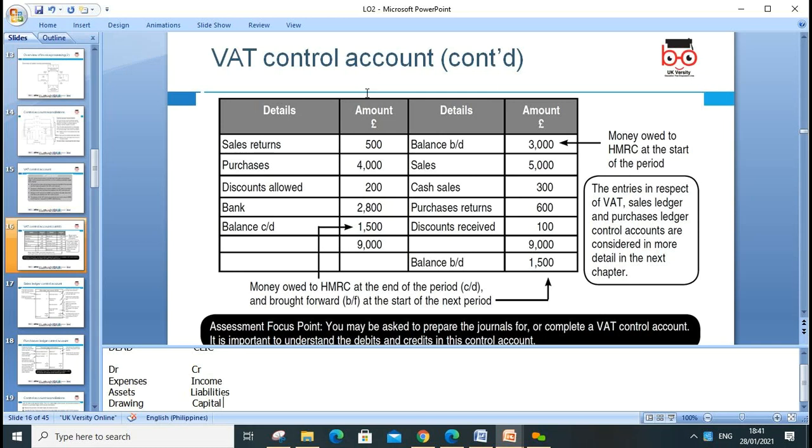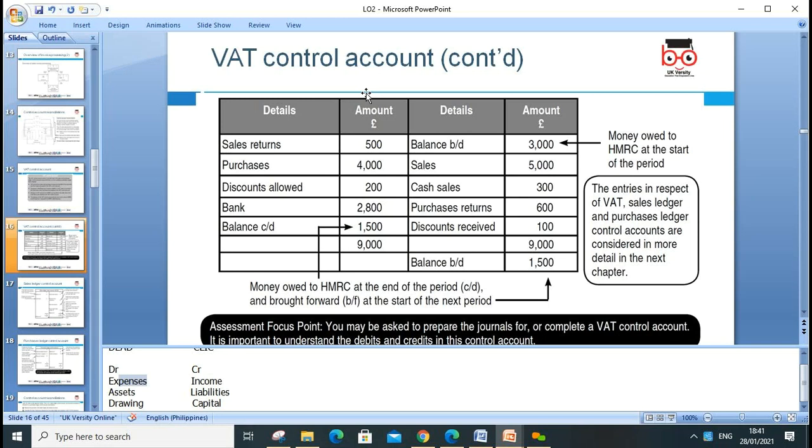Purchase is debit, and when I return it, it goes on the credit side, the opposite of debit. Discount received is income and the VAT on it goes on the credit side. So I added my debit side total and my credit side total, and there is a difference of £1,500.